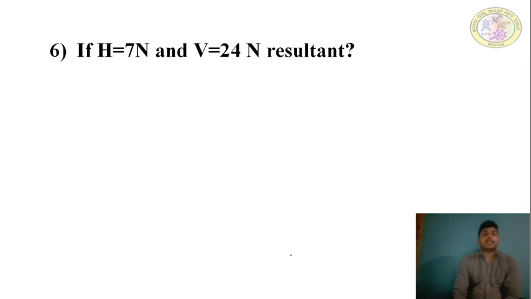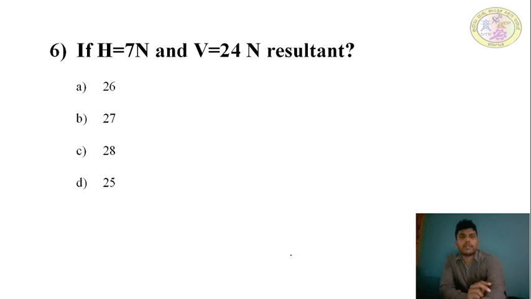Next question. If H is 7 Newton and V is 24 Newton, the horizontal component is 7 Newton, the vertical component is 24 Newton, or it can be called the summation of H is 7 Newton, or summation of V is 24 Newton. The resultant force will be, okay, H, we know H and V. What is the formula of resultant?